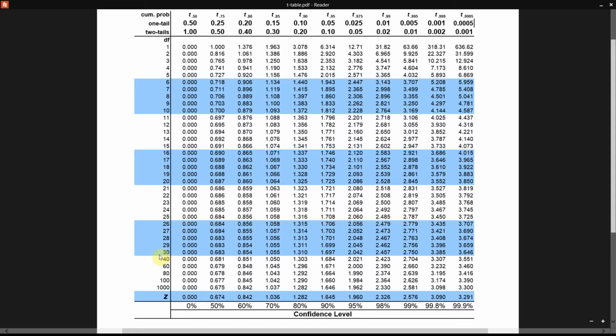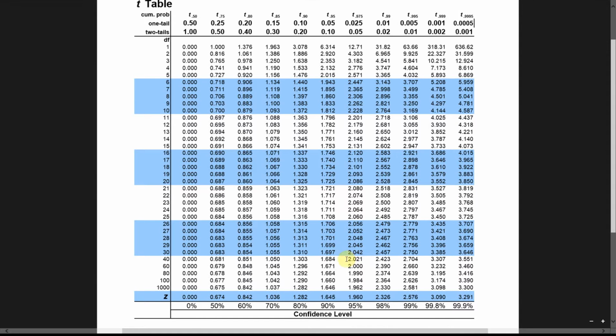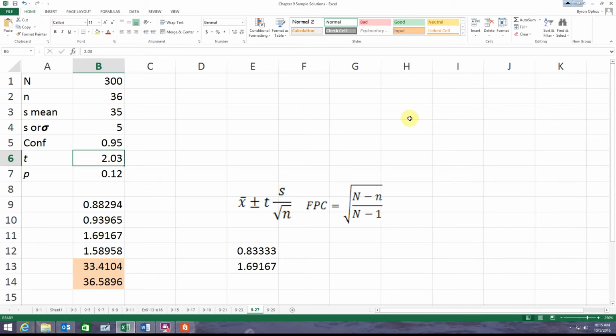If you look at my chart, it doesn't have a 35, so I could interpolate between 2.04 and 2.02. But in yours, in chart B5 in the back, it does have a degrees of freedom of 35, and it's actually 2.028, which we could use as well.